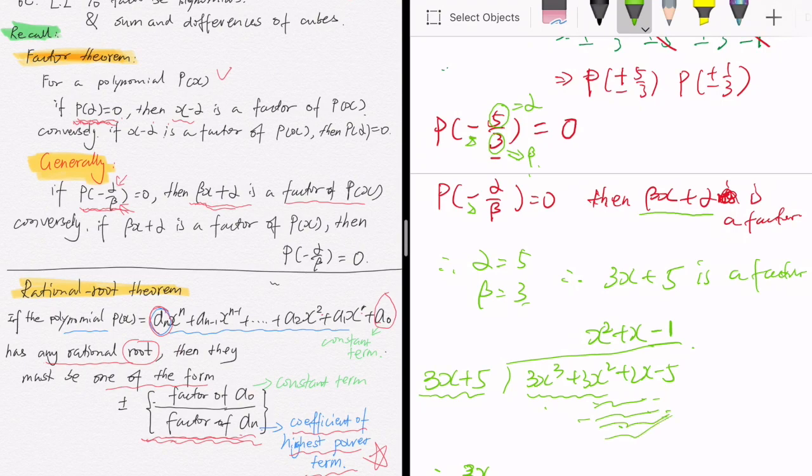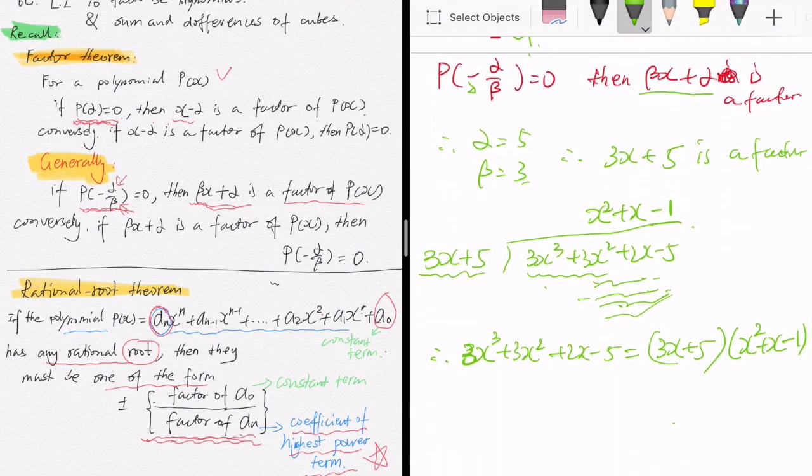Now we have the dividend 3x cubed plus 3x squared plus 2x minus 5 equal to 3x plus 5, which is one of my factors, times the quotient, another factor, x squared plus x minus 1. In your textbook, this can be factorized further by completing the square.